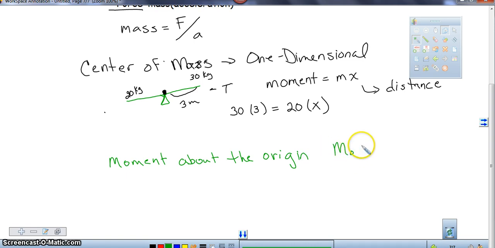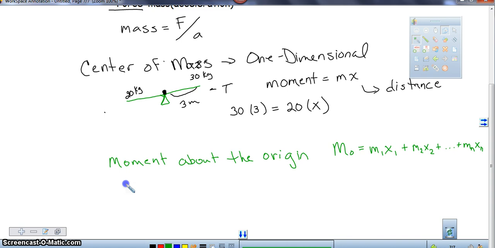How you find that moment about the origin is you take your first mass times its distance from the origin, so x1, and then you take your second mass times its distance from the origin, and you keep doing that with however many objects you have. Your last one would be the mass of the nth object times x sub n, its distance from the origin. That's the moment about the origin.